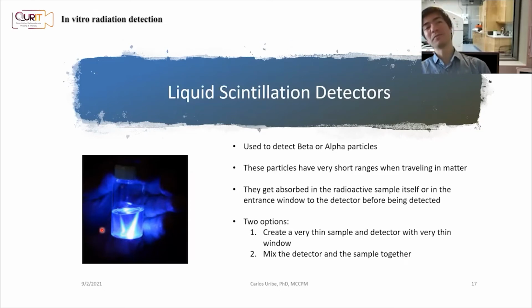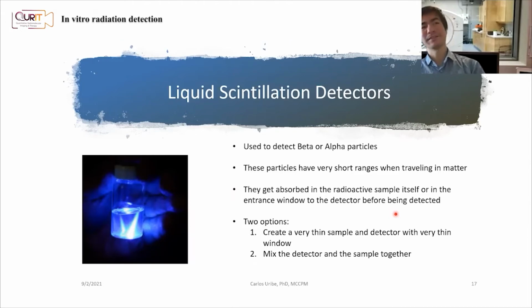There are two options to deal with this. One is to create a very thin sample and a detector with a very thin window. The thin sample avoids the radiation interacting within the sample itself, and a very thin detector window reduces the probability of interaction in that window, so the particles can reach the detector behind it.